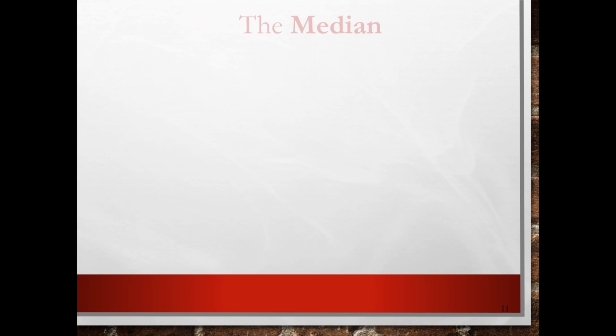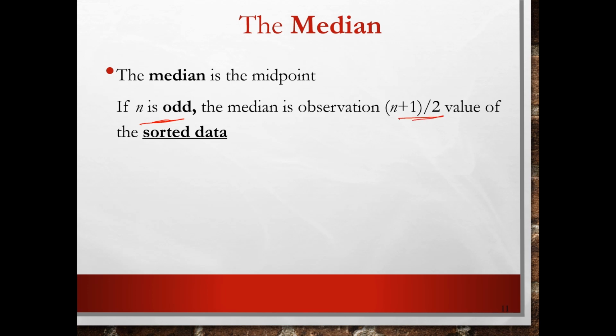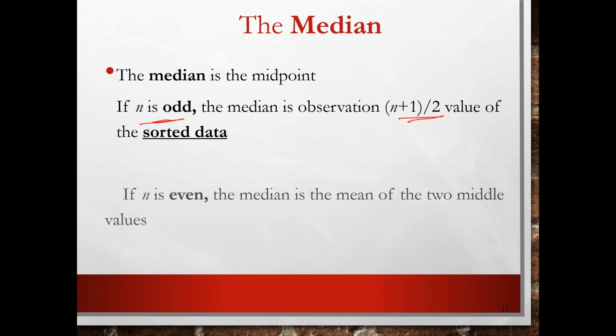So let us see the median, which is the midpoint of a sorted data set. If there is an odd number of observations, we can get the median as the (n+1)/2-th value of the sorted data set. But if you have an even number of data, as in the previous example, the median will be the mean of the two middle values.